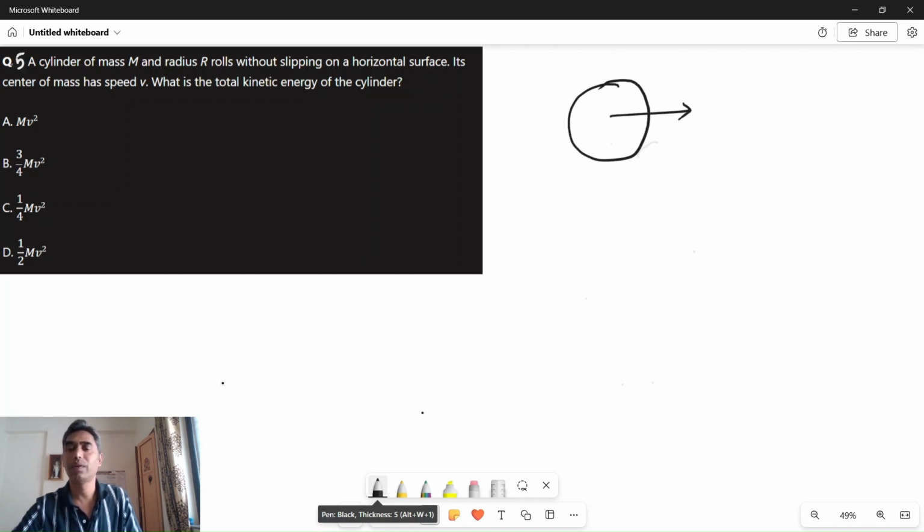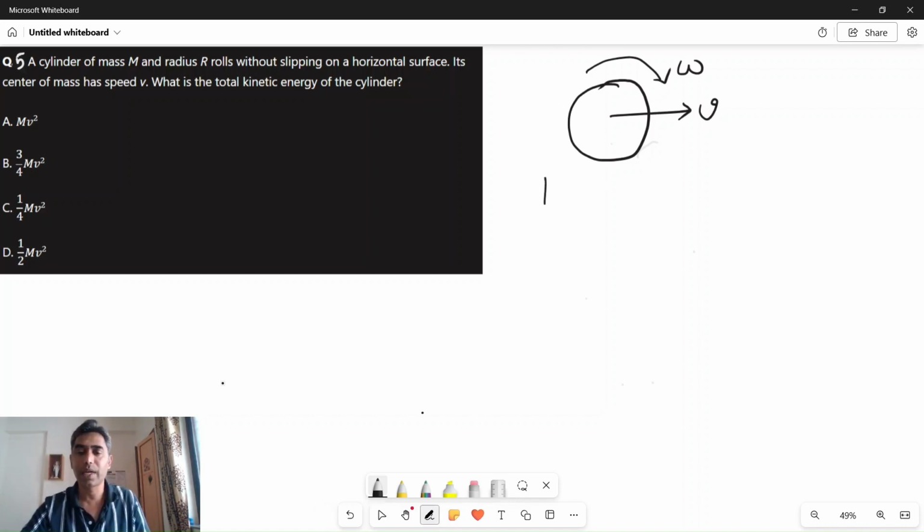A rolling body will have both linear velocity as well as angular velocity. Because of that, it will have two types of kinetic energies. So total kinetic energy will be equal to KE translational plus KE rotational.